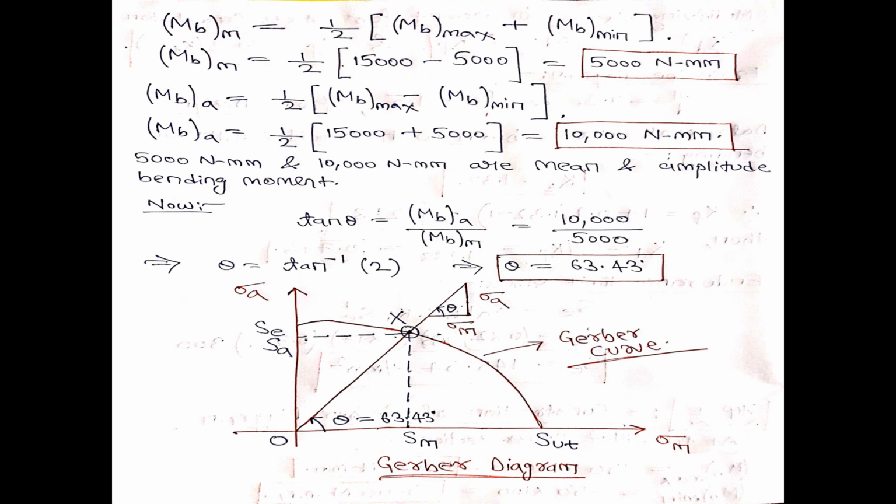So MBM is 5000 Newton millimeter and MBA is 10,000 Newton millimeter, that is, the mean bending moment and amplitude bending moment.